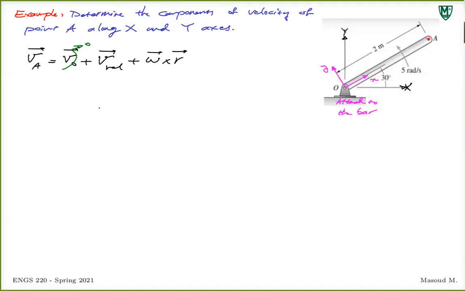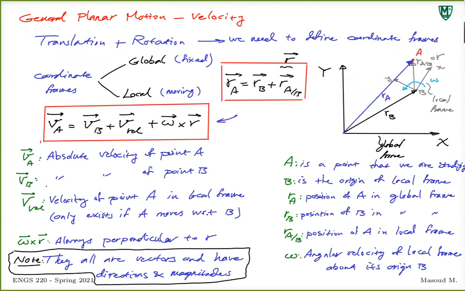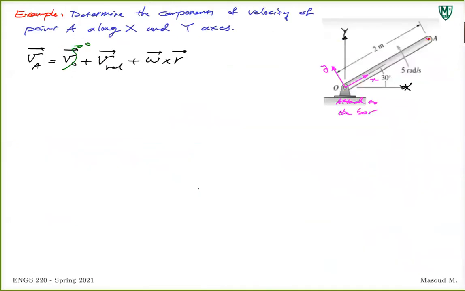V relative: what was V relative? It was the velocity of point A in the local frame. If this is attached to a bar and it rotates with the bar, point A is here. Point A is not moving with respect to this local frame. How can you figure out V relative? The easiest way is to imagine that the local frame, this XY frame that I put there, is frozen.